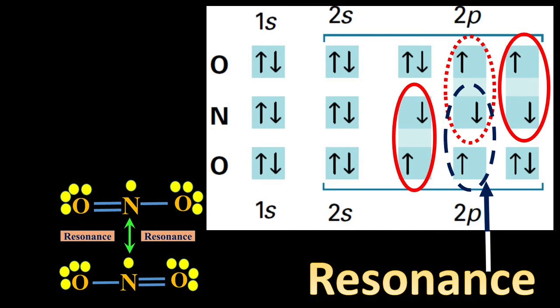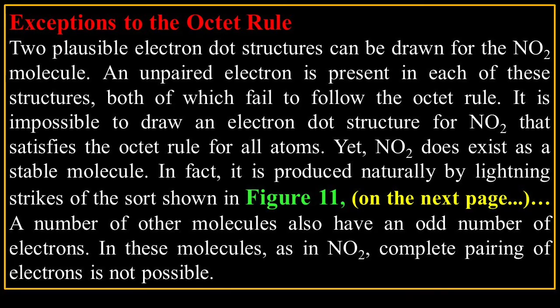So here is the example where you have this double dotted line where you have this resonance going back and forth in the nitrogen dioxide molecule, the NO2. You can see that you are missing an electron for nitrogen. It only has 7. So if it weren't for this flipping back and forth, you wouldn't be able to satisfy much.